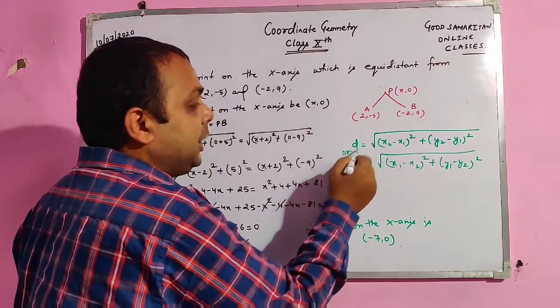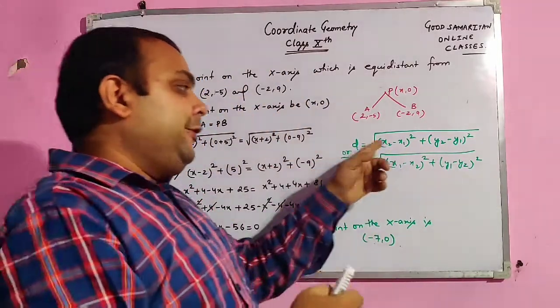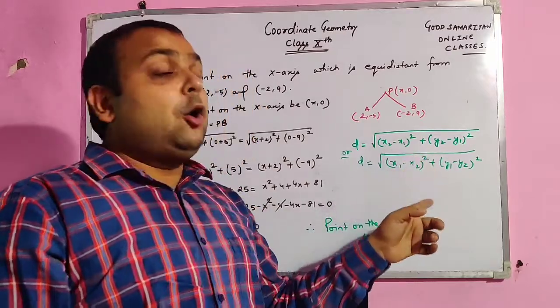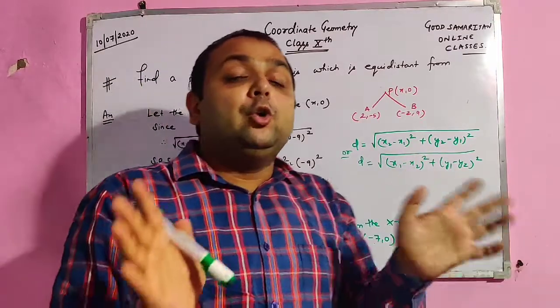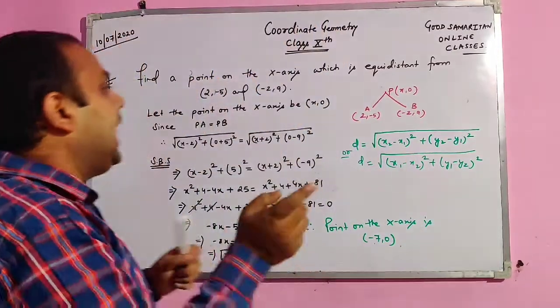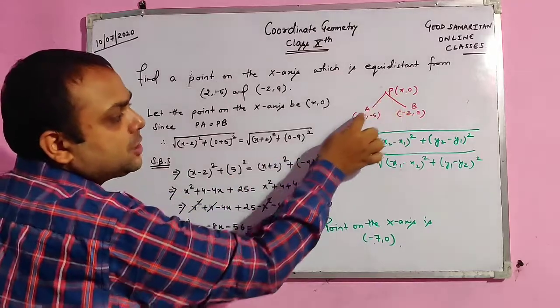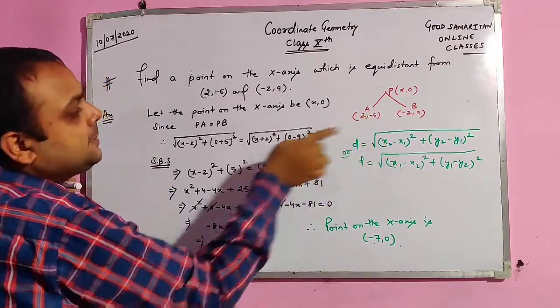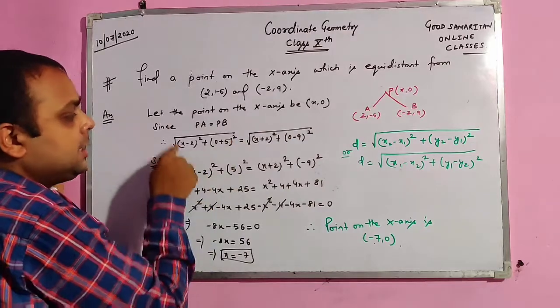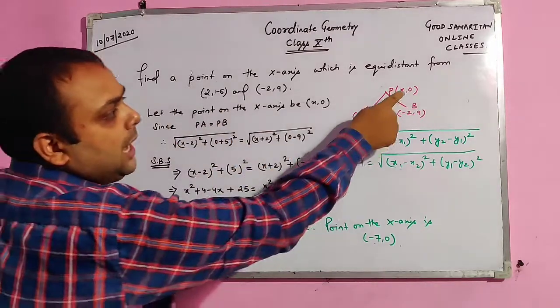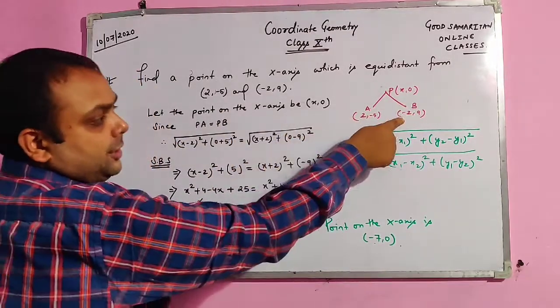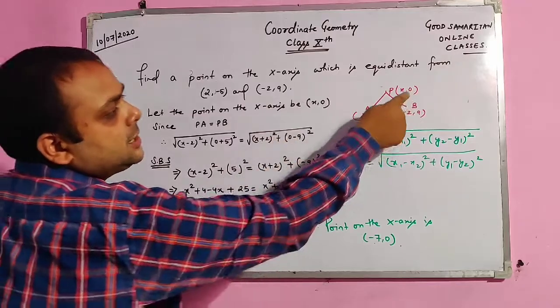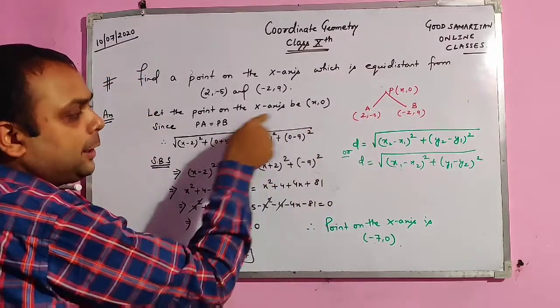We can use any of them because whether we do x2 minus x1 whole square or x1 minus x2 whole square, the value remains the same. So I have applied here x minus 2 whole square plus 0 minus minus 5, so minus minus becomes plus, whole square, square root, is equal to x plus 2 whole square plus 0 minus 9 whole square, square root.